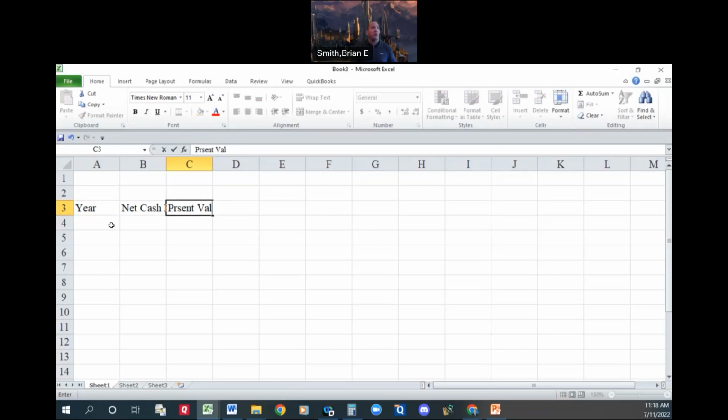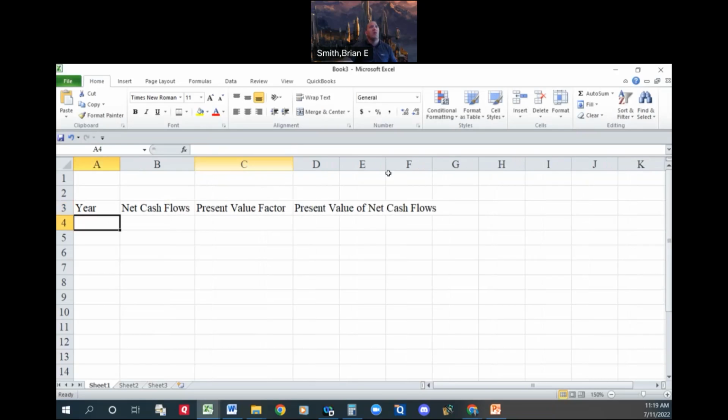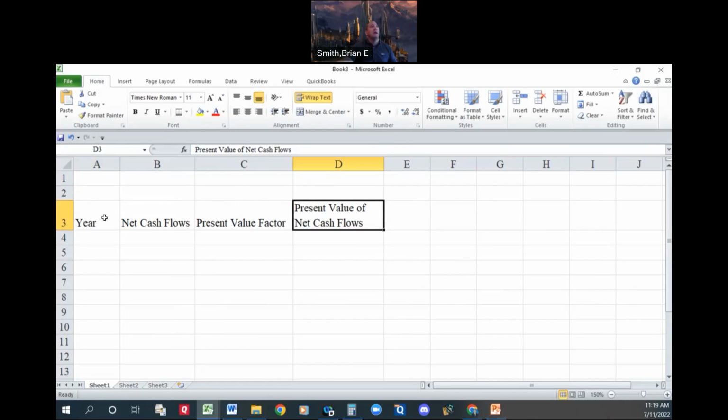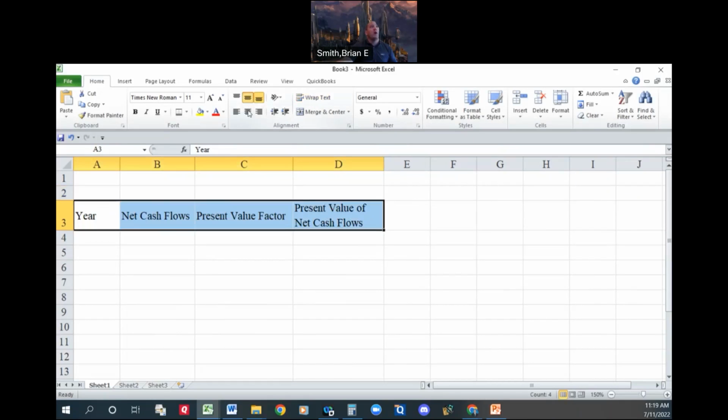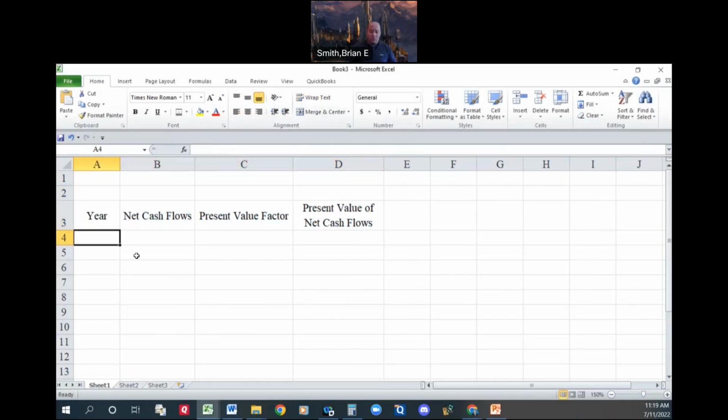Present value factor, present value of net cash flows. Let's make sure we can read all these. I'm going to wrap that column, and let's make it a little pretty.